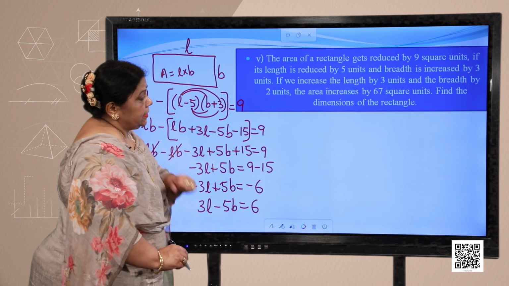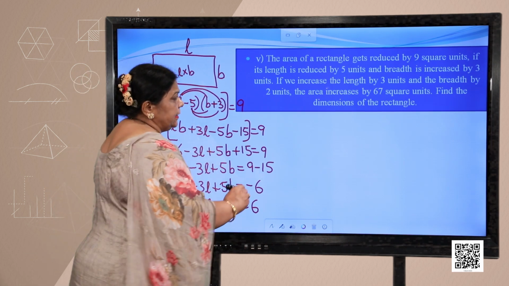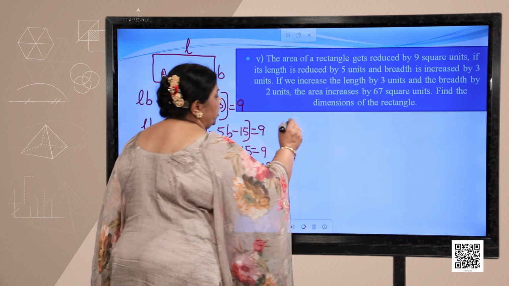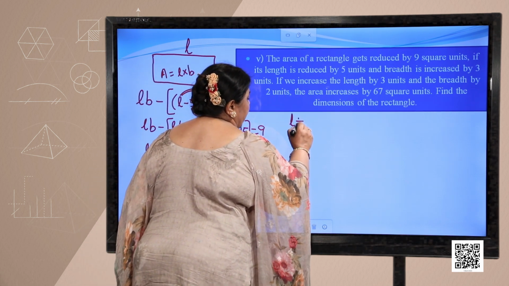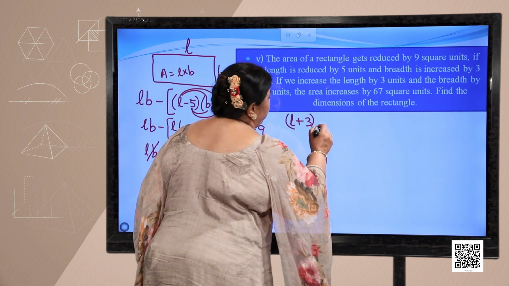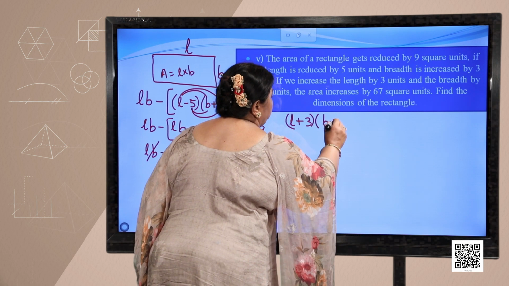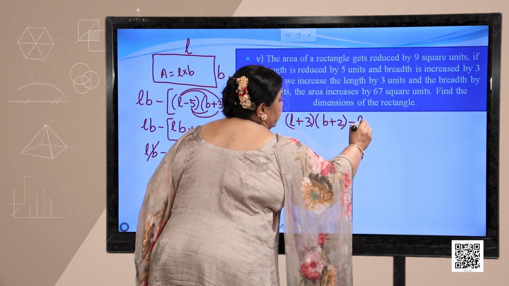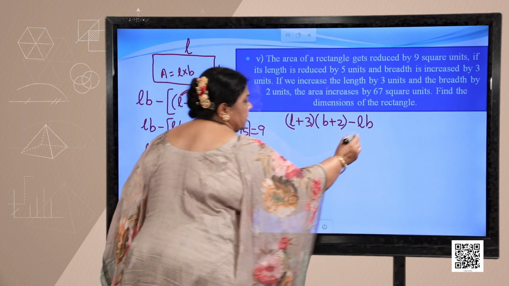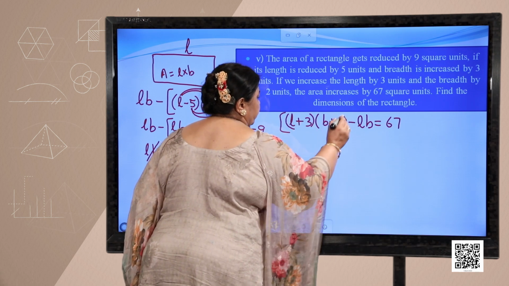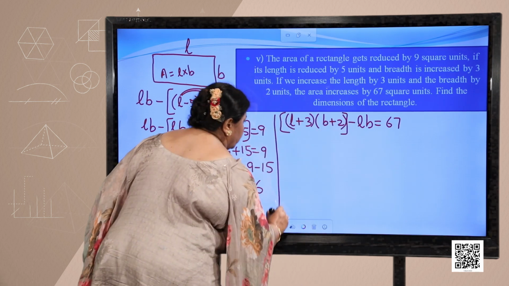Now, let me see the next condition. It says that if we increase the length by 3 units, that means L plus 3, and breadth by 2 units, so B plus 2, area increases by, original area was less, how much it is increasing by? 67. Let us solve this.